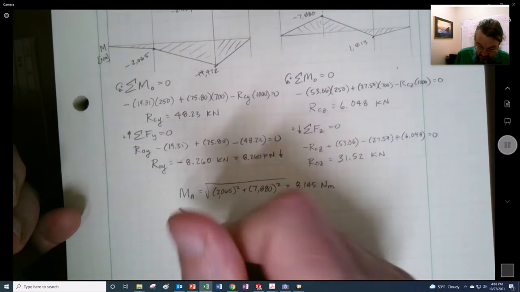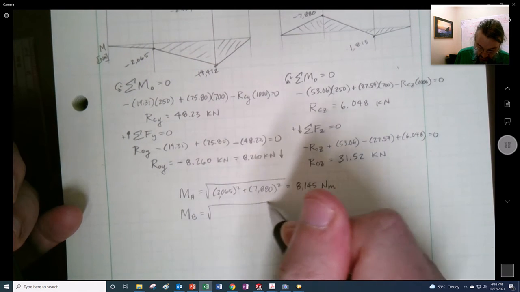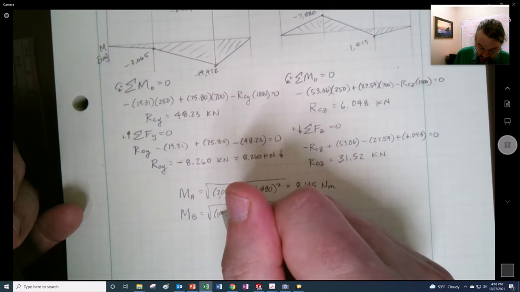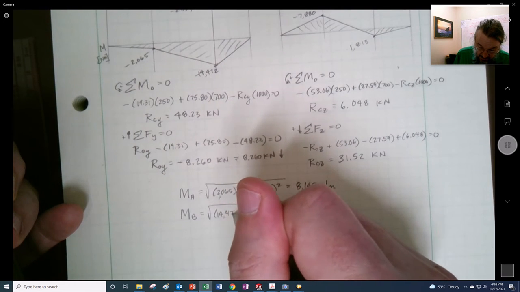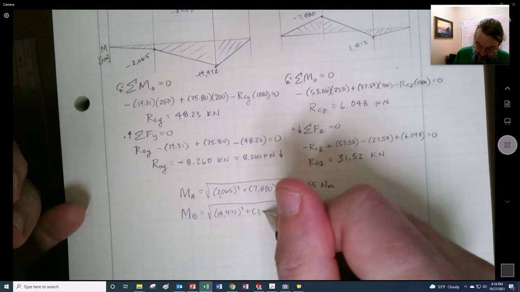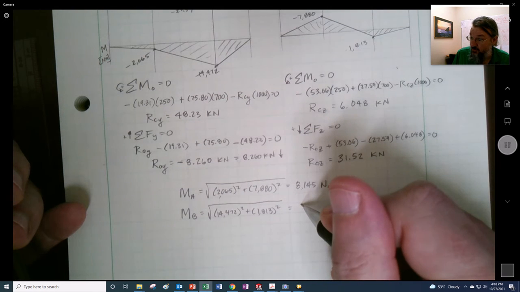And then MB is going to be square root of 14,472. And that's so large compared to 1,813 that it's probably not even going to matter much.